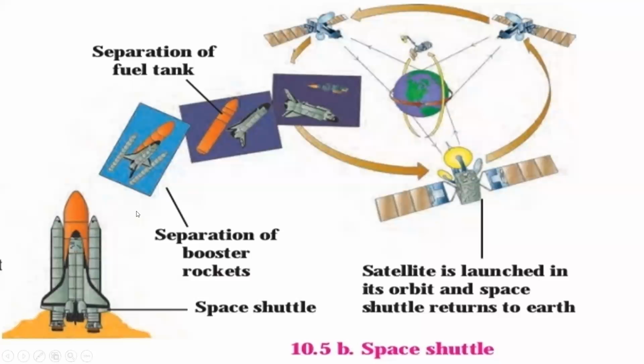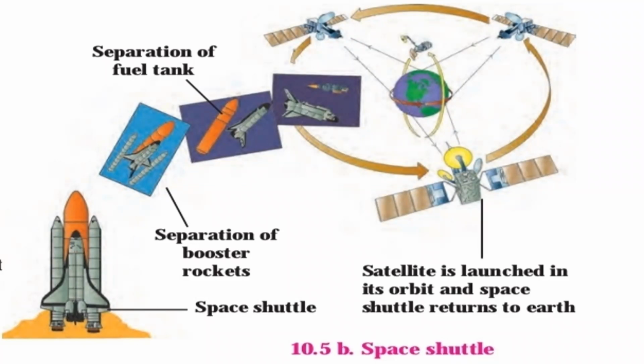Can you see a jet-like structure here in the corner? That is nothing but a space shuttle. Now see, when the space shuttle is launched, there is a separation of the booster rocket when its fuel is finished. After that, when the fuel tank is finished, the tank gets separated from the space shuttle.